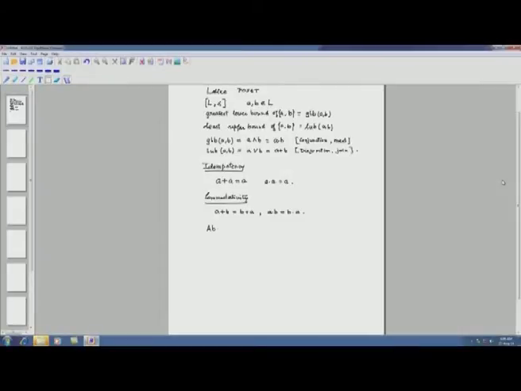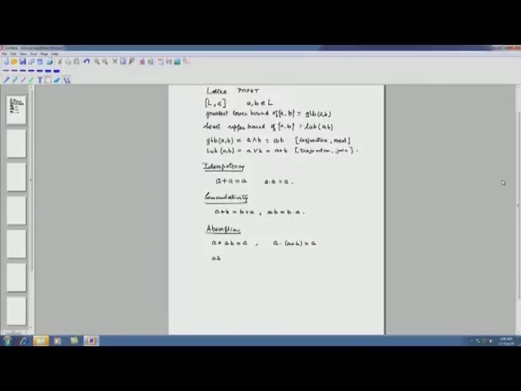Now, we come to another property which is called absorption. Now, this absorption property needs a proof.